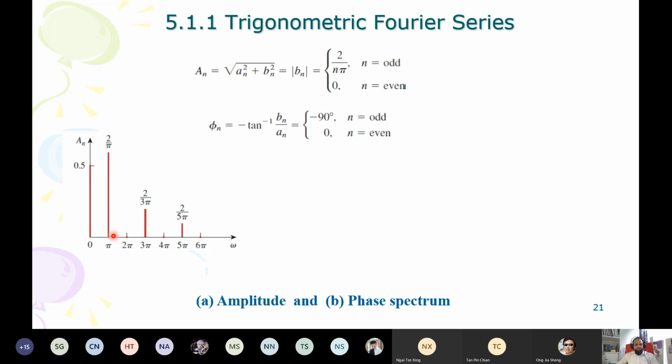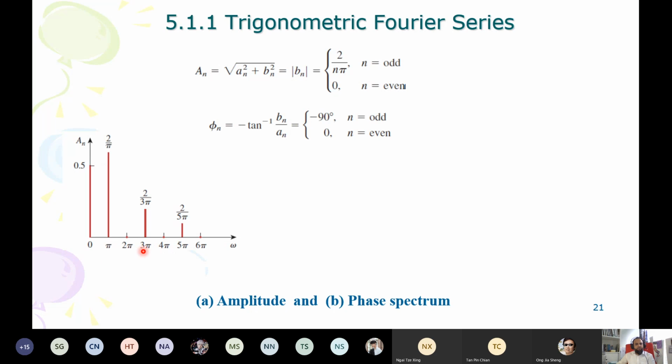And then we have these harmonic frequencies. At pi we get 2 upon pi. So if n is equal to 1, this means pi, and this is the value of 2 upon pi. For 2 we will be getting these values.